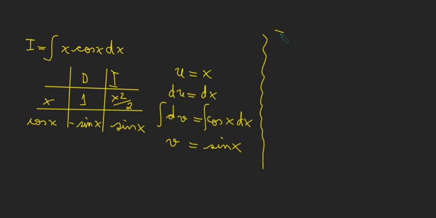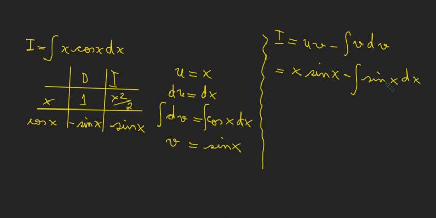The integral is uv minus the integral of v du, where u is equal to x, v is equal to sine, minus the integral of sine dx.